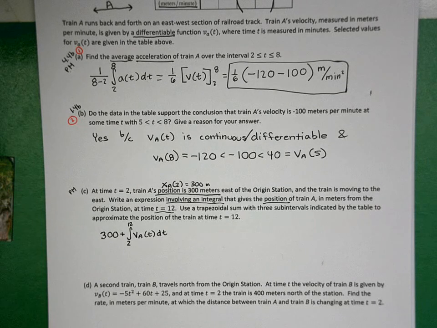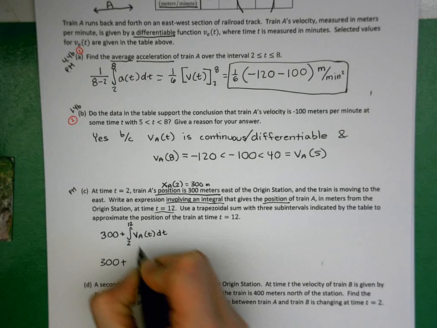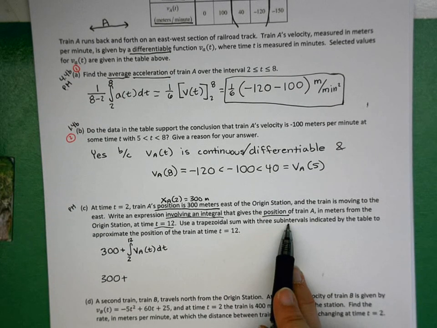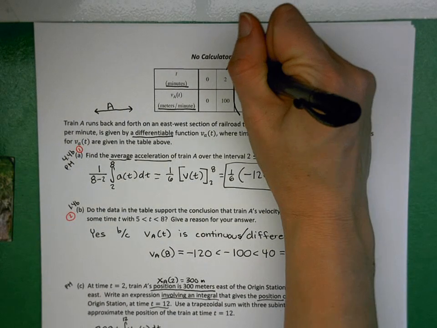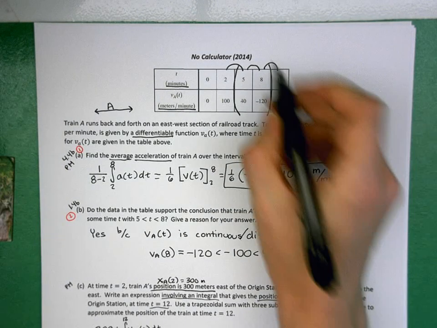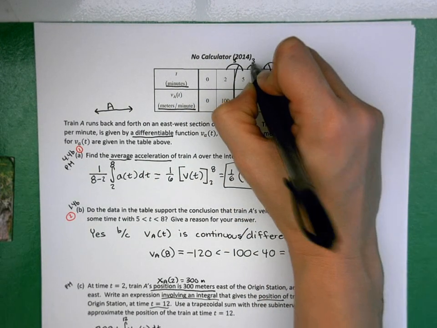So we have our 300 plus, and then we are doing 2 to 12. So 3 subintervals with our trapezoidal sum here. 2 to 12 is our distance. So we have 1, 2, 3 subintervals getting me from 2 to 12. So this is 3 for 2 to 5, 3 for 5 to 8, and 4 for 8 to 12.